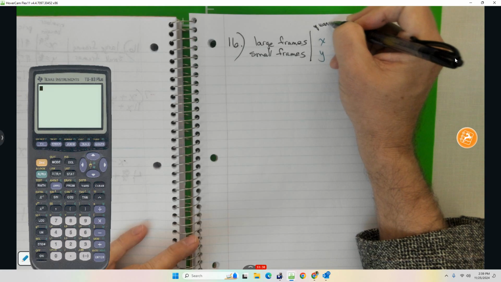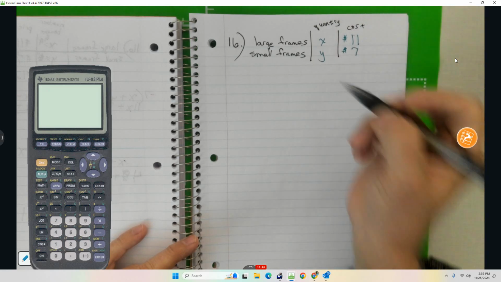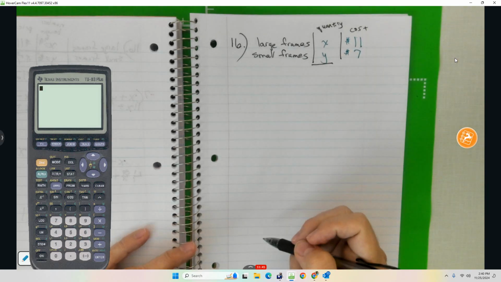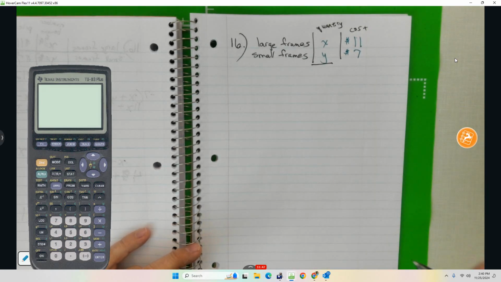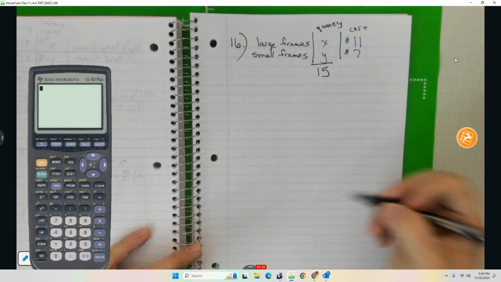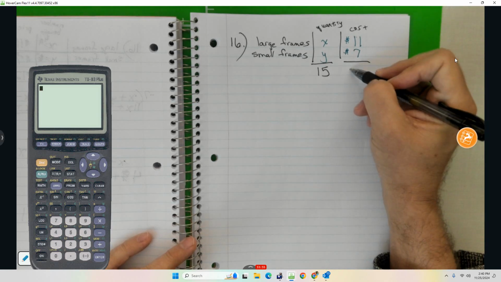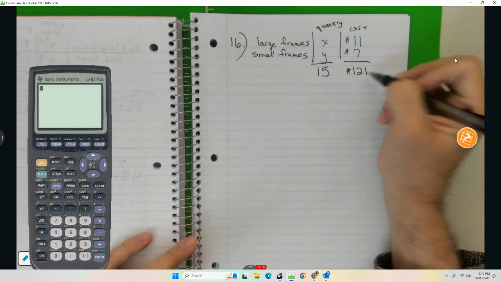This is how many she bought, and this was the cost. If you total up all that she bought, a total of, was it 15 frames? If you total up all the money she spent on those frames, it was $121.